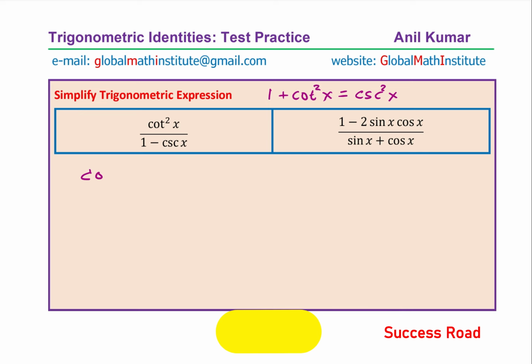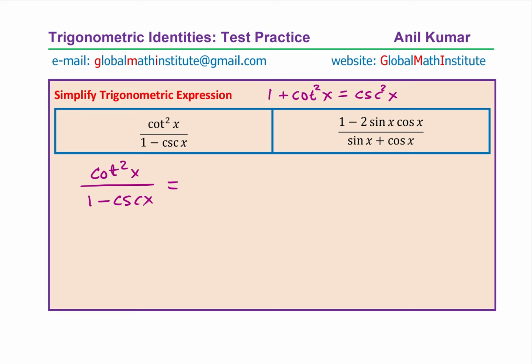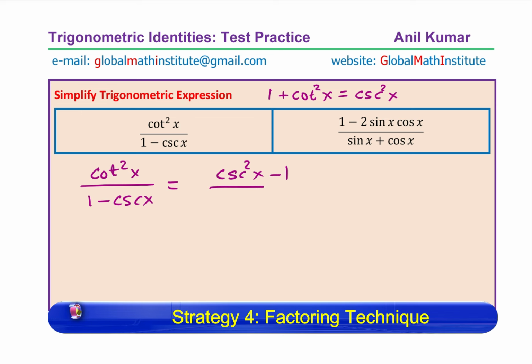So here we are going to apply the second strategy, which we talked about last time, right? So we have cot square x over 1 minus cosecant x. We can write cot square x as cosecant square x minus 1. Makes sense? And in the denominator, we have 1 minus cosecant x.